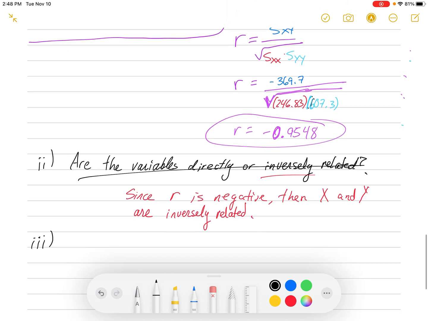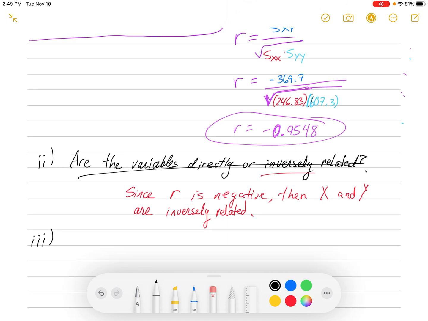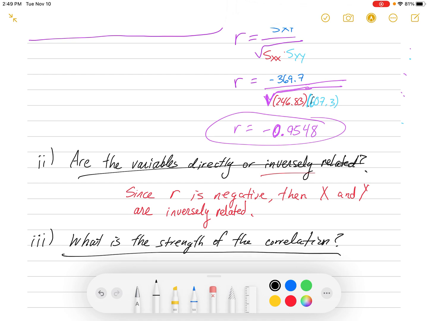Number 3, is it a strong, a weak, or a moderate correlation? How strong is the correlation? What is the strength? If you had a 1 or a negative 1 correlation, that would be perfect.